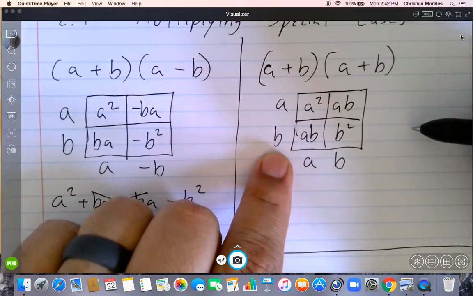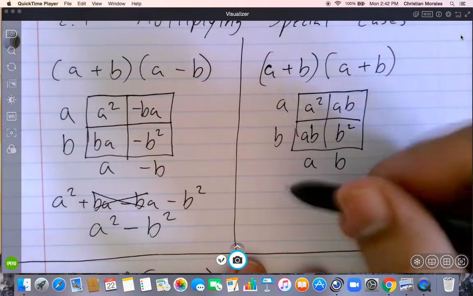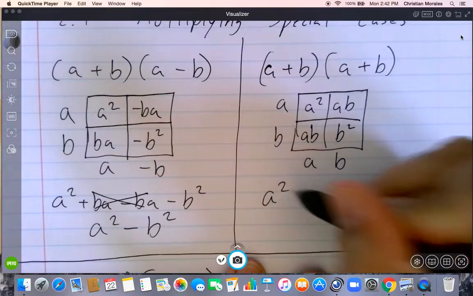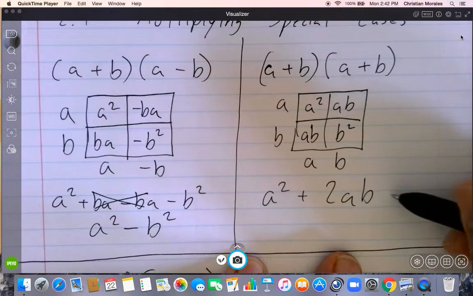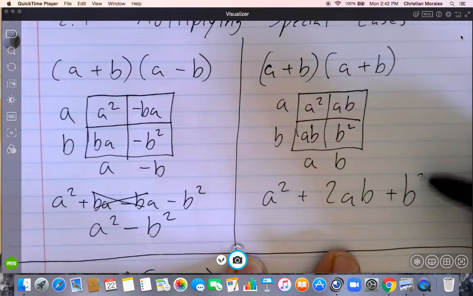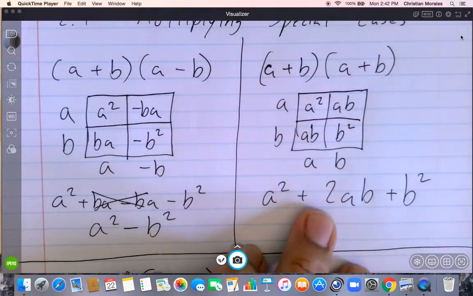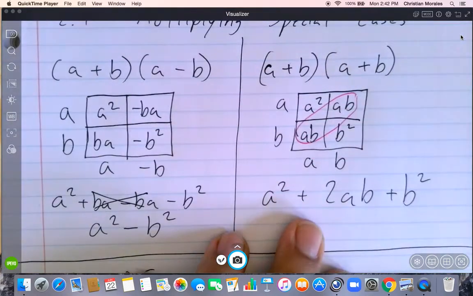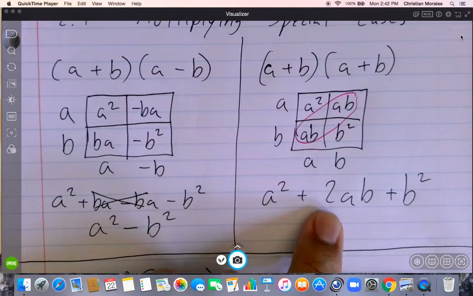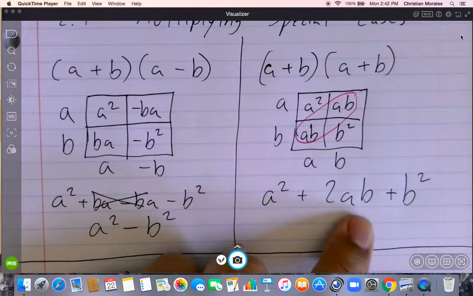Now, when you put these together, instead of canceling out, how many ABs do we have? 2 of them. So when you combine your like terms, instead of canceling out, you have double A and B in the middle.